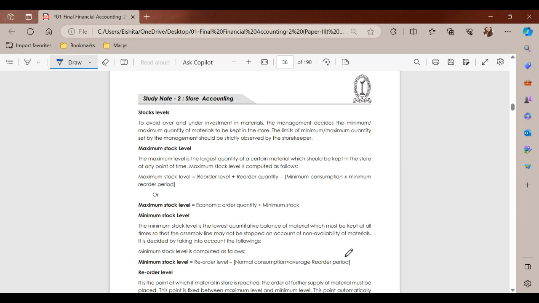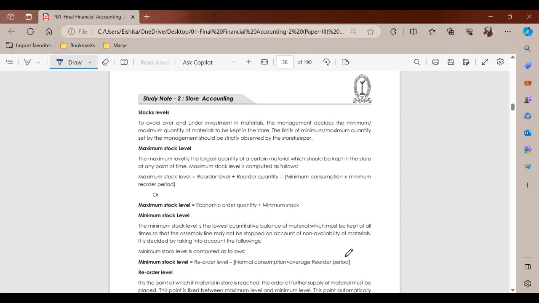So that money will go waste. Suppose you are in the business of fashionable products and you invest heavily in stocks. Suppose some of the stock you are not able to sell. So that is the risk you are taking. Some of the stock will go out of fashion.